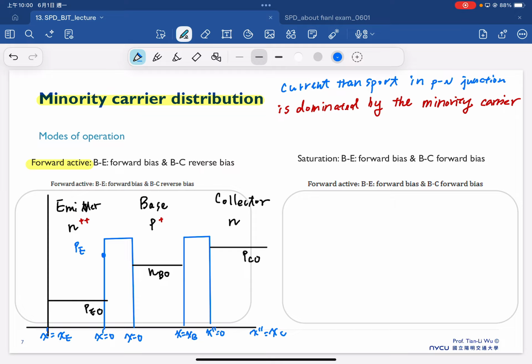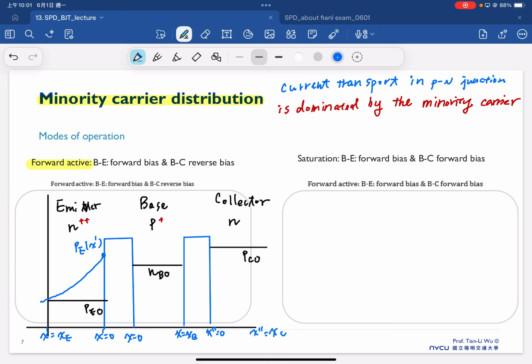So therefore, we can expect our hole concentration in the emitter region will be shown like here. So therefore, this is P_E prime. This is exactly the graph that we make once we consider a PN junction under the forward bias.